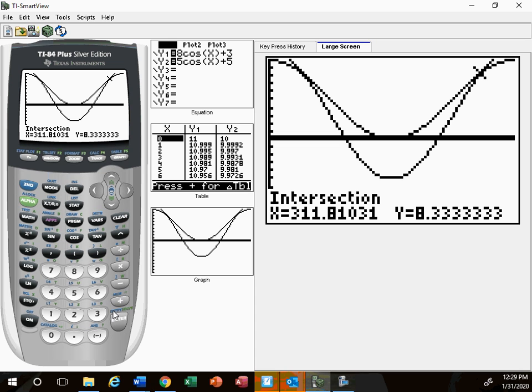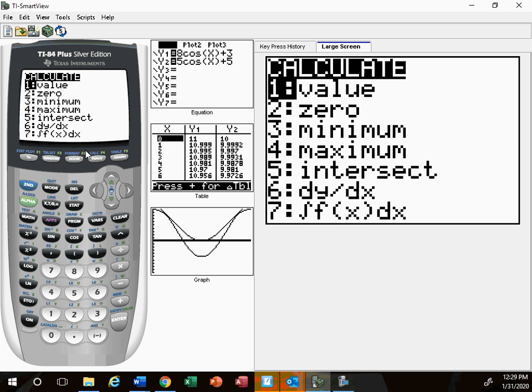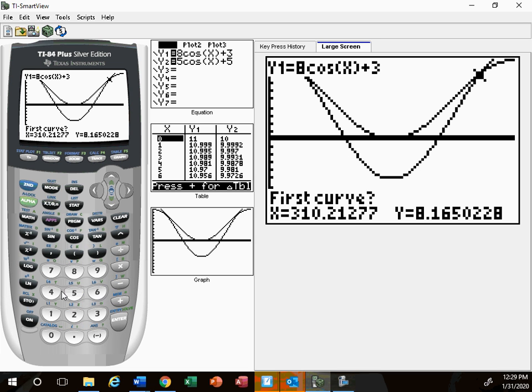And then we're going to do that process again. So second trace, pick number 5. But before you start pushing enter, enter, enter, if I do it again right where it is, I'm going to get the exact same answer. How do you think I get over to the other one? You just arrow over, and you don't have to go all the way to the other intersection.